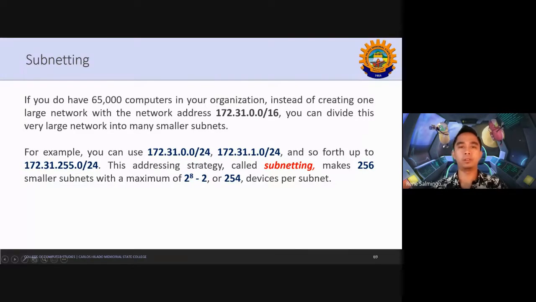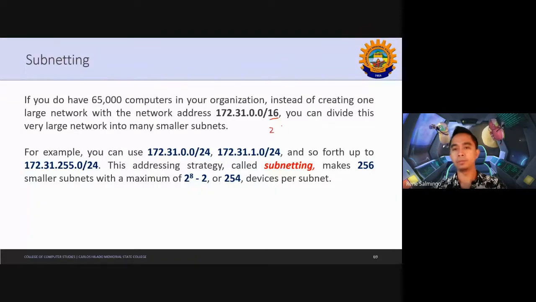Now, if you are given the example 172.31.0.0 with a slash 16, this is your CIDR notation. If you have 16, what would be your subnet mask?